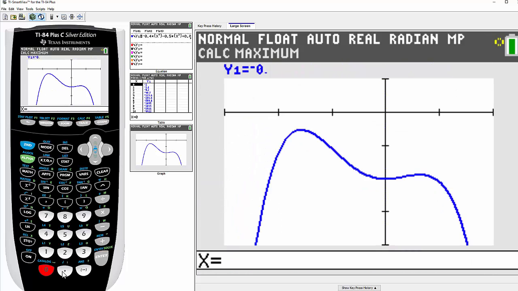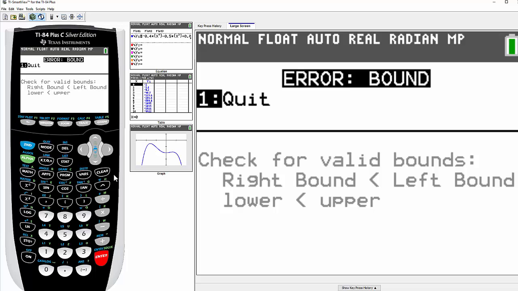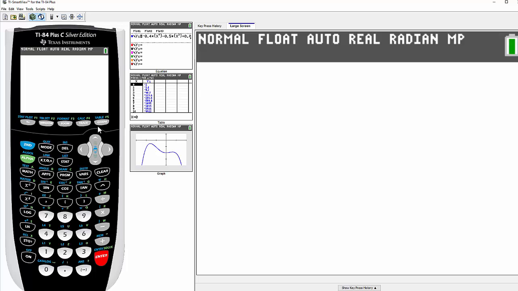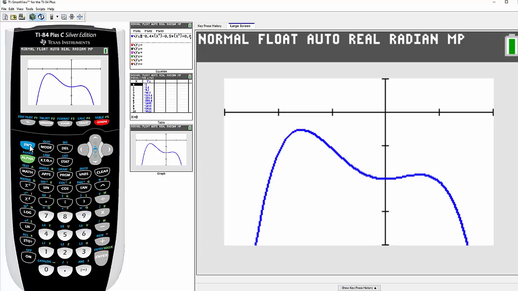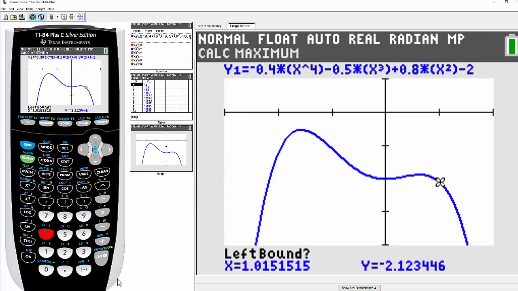For boundaries, I'm going to use 0.5 and 1. Let's try that again. Here's our graph and maximum.